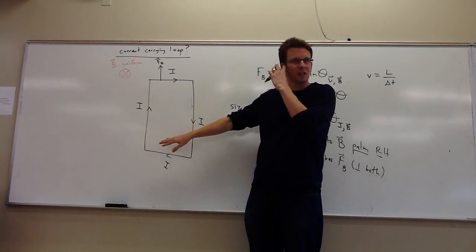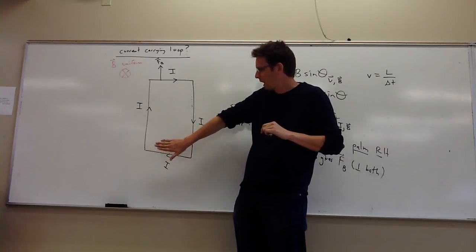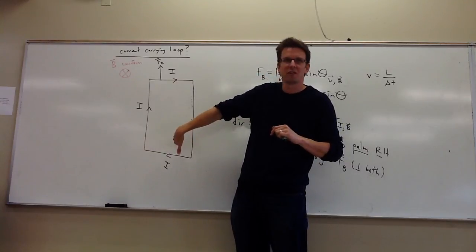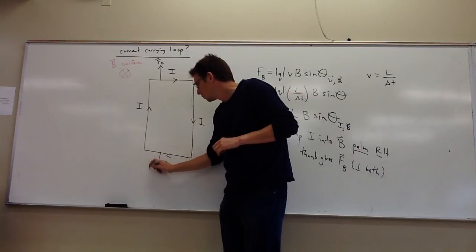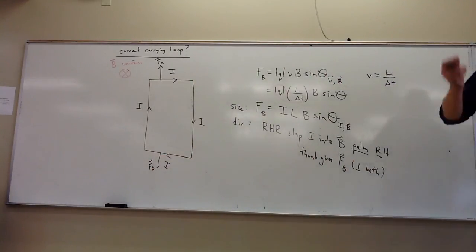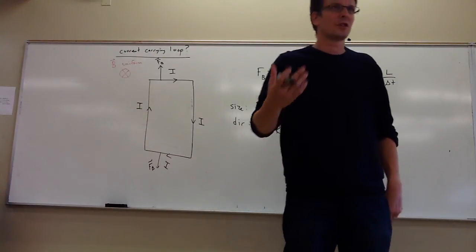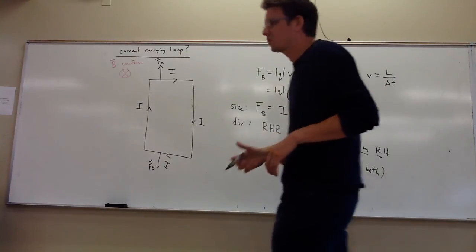I seem to have focused a lot on that today. You should do some other examples next time. I slapped into B. Force is down. Hopefully not shocking if we're comparing the top and the bottom segment, right? Because the only difference between the top and the bottom segment is that the current's flowing in opposite ways. And if nothing else changes, then the force is going to be in opposite ways.